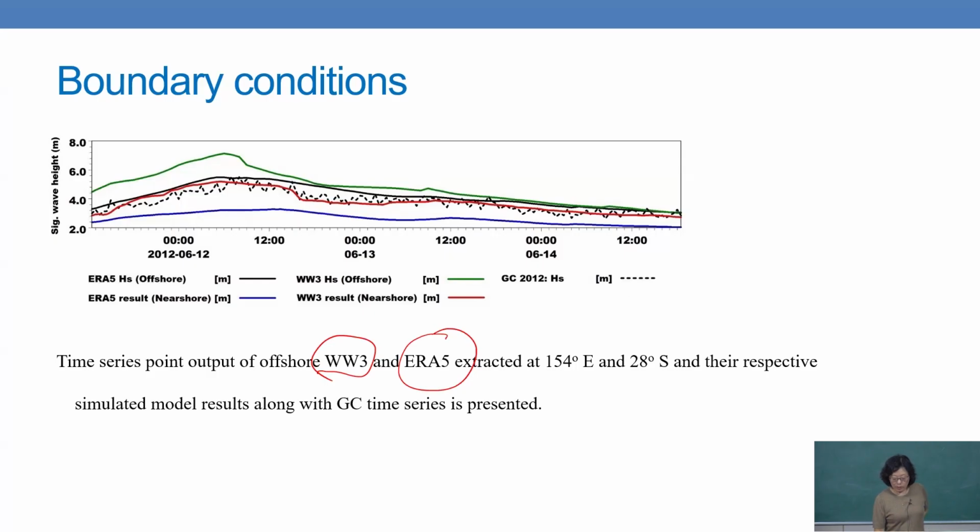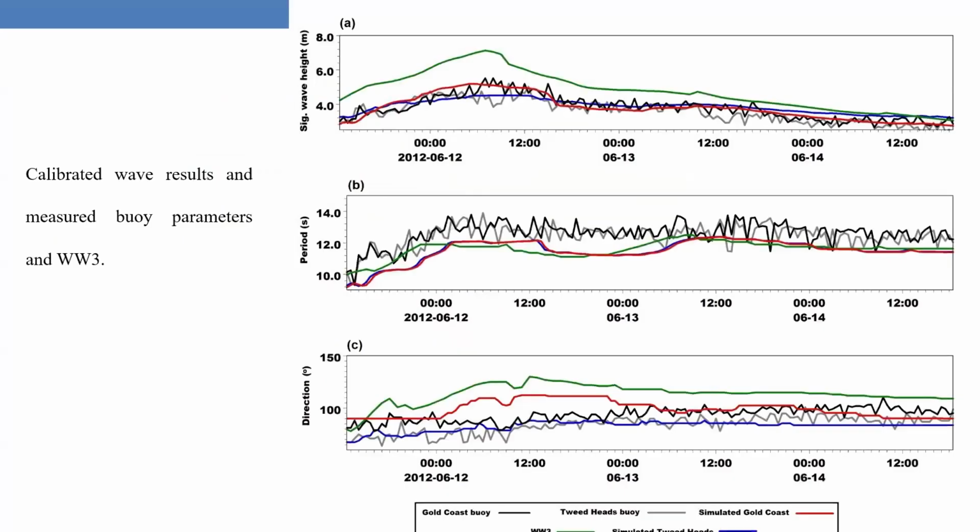Basically, we have the nearshore WaveWatch 3 result, and we found that it agrees best with our monitoring information. So that's a kind of calibration or validation of the boundary condition you are able to use. So a lot of information we need to do that.